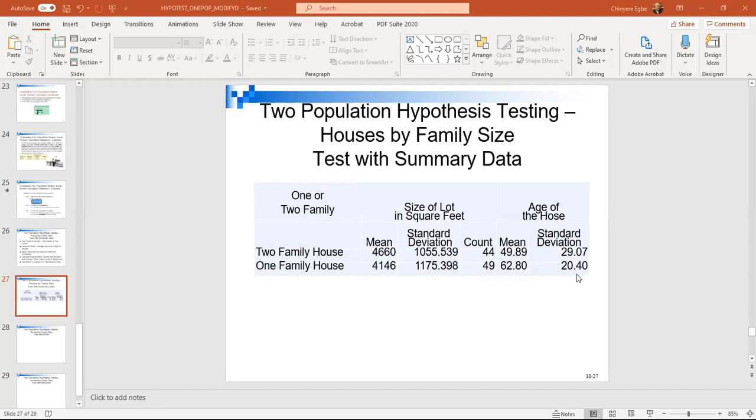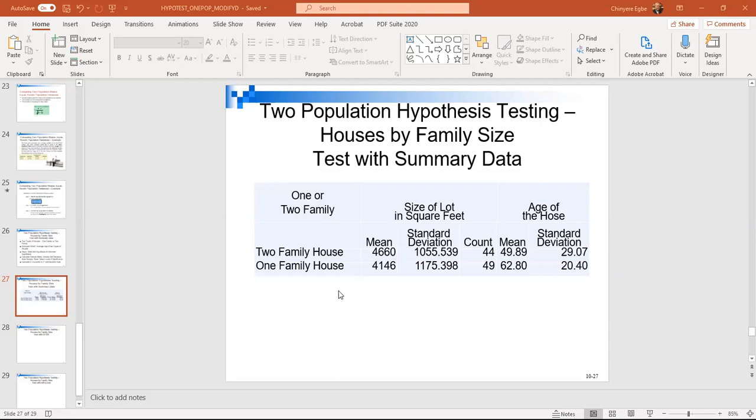So now we're going to apply the method, and I'm going to write the summary statistics down. X bar for two-family houses is 49.89, and the standard deviation is 29.07.